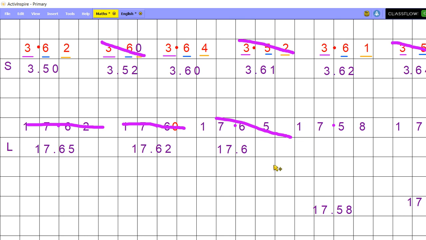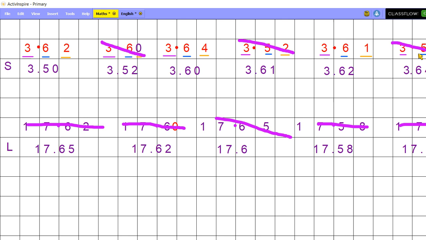Then 17.58 or 17.50, which is larger, 58 or 50? Yes, the 58 is larger and the 50 is smaller. Again, I added the 0 there, so I need to take that away from my answer. So that is the order that they should actually be in.